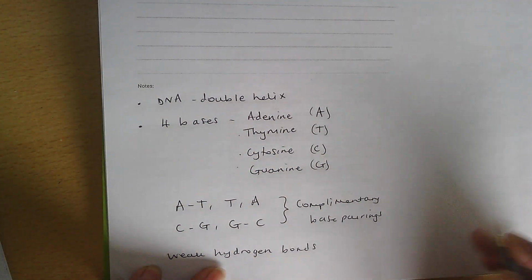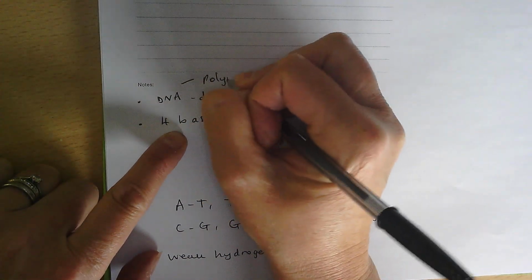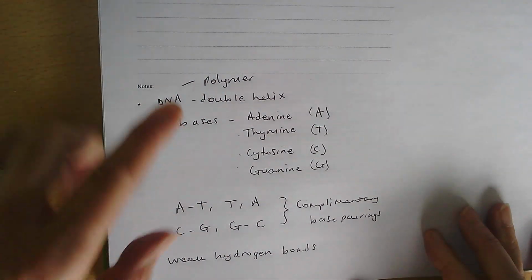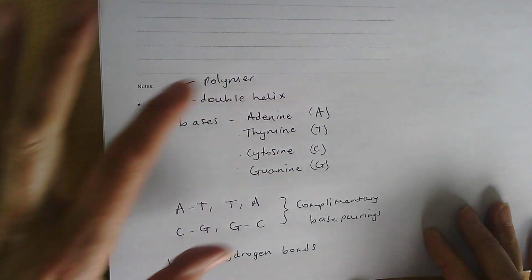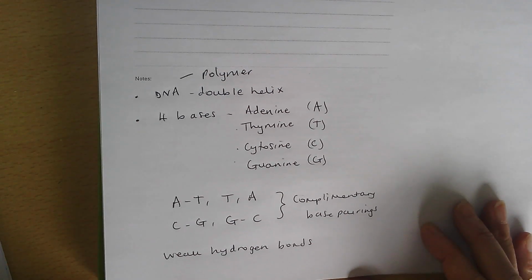You could also mention that DNA is a natural polymer. You could add nucleotides, and you could talk about the phosphate sugar backbone as well.